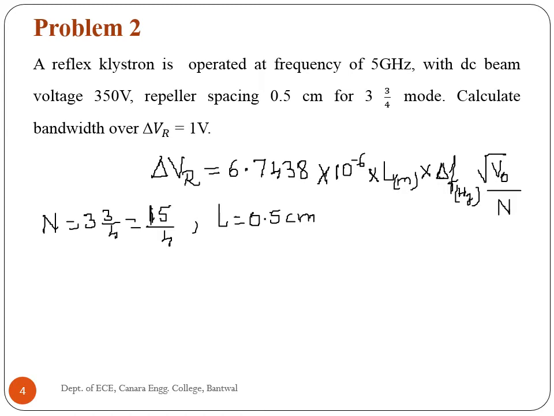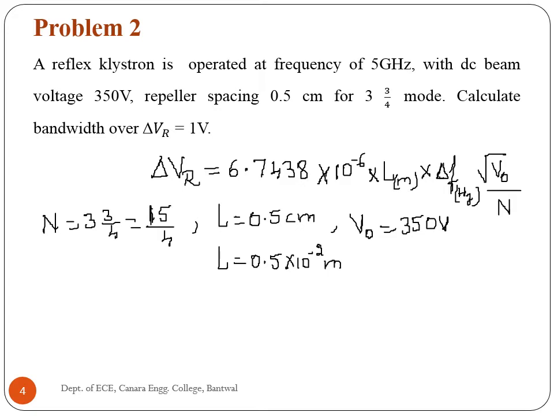Then V0, beam voltage is equal to 350 volts. So repeller space 0.5 into 10 to the power minus 2 in meter.